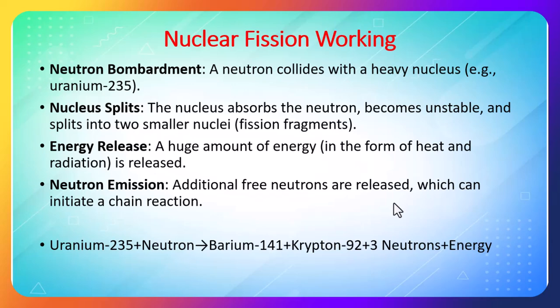So that is fission. In fusion, it is a combining process; in fission, it is a splitting process. Energy release: a huge amount of energy is released when fission takes place. Neutron emission: additional free neutrons are released, which can initiate a chain reaction, whereas fusion is not a chain reaction, but here by nature itself it is a chain reaction.